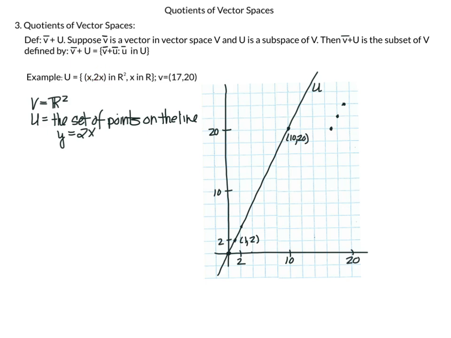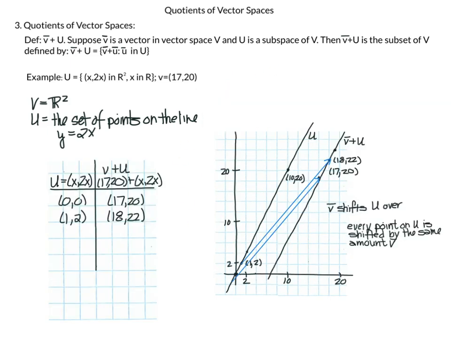In other words, y equals 2x. So it's the set of points along the line y equals 2x. It goes through the point (0, 0), and the line has slope 2. So this is my subspace U. It's a line, and it's a subspace of R2.